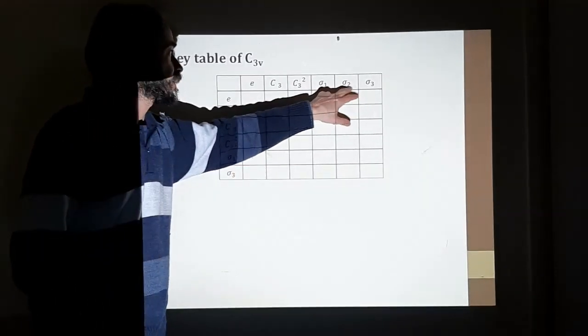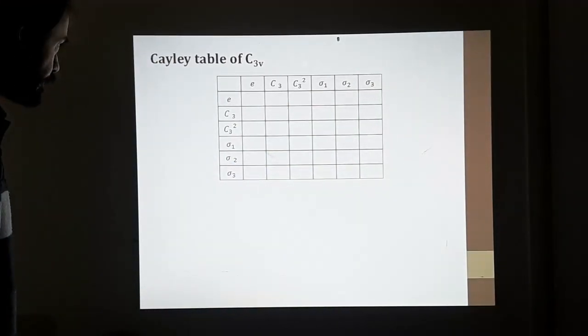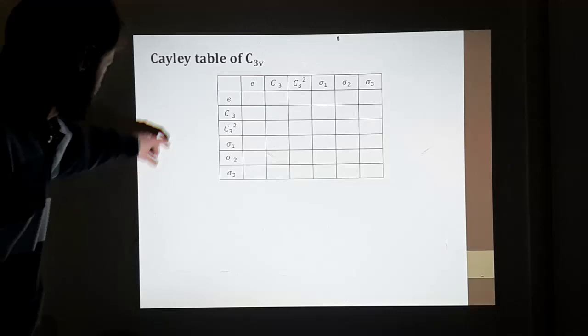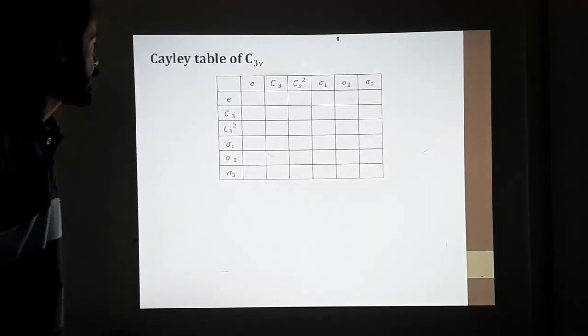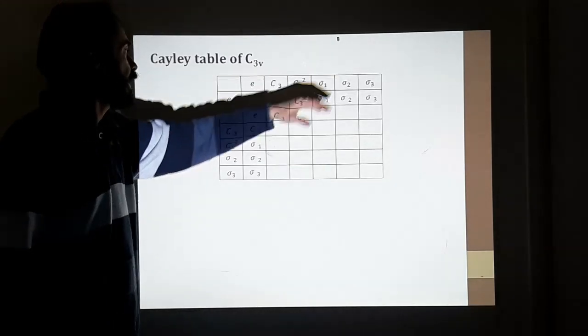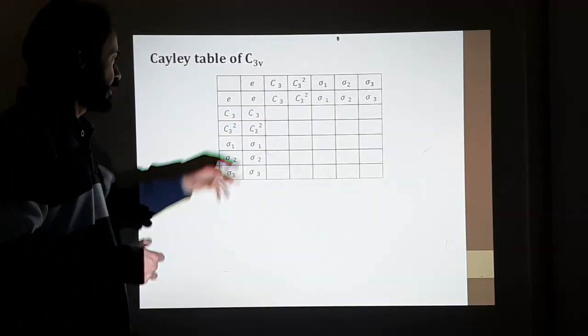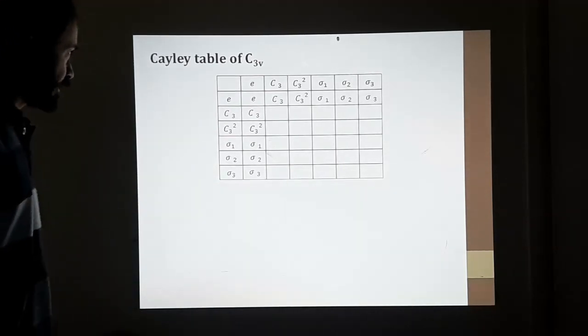Then sigma 1, sigma 2, and sigma 3, the reflections. Now, the first line and the first column are evident because E multiplied by any element gives me the element itself, or the element multiplied by E gives me the element itself.